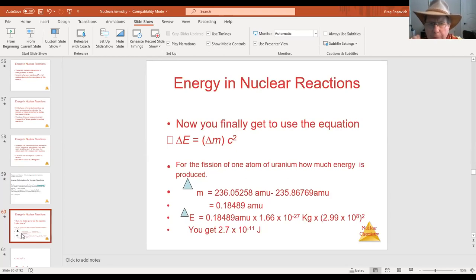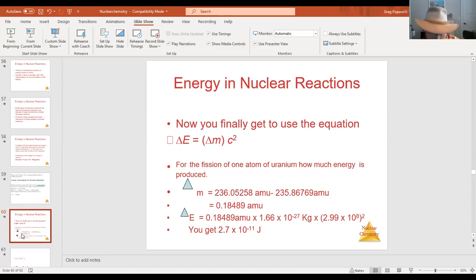This ends up to be 0.18489 AMUs. I multiply that by 1.66 times 10 to the minus 27th kilograms per AMU. That will give me kilograms. I multiply that number by 2.99 times 10 to the 8th squared, and I get 2.7 times 10 to the minus 11th.